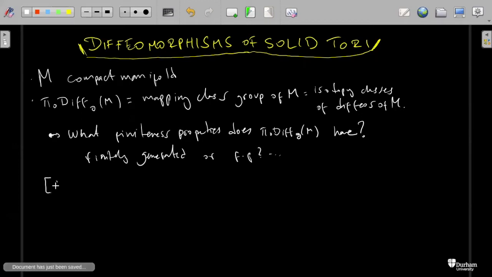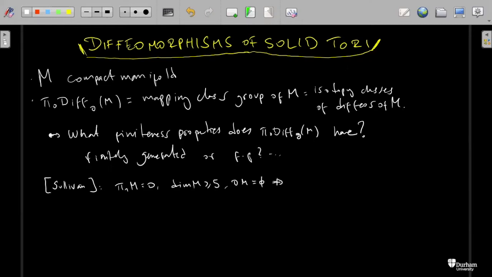So for example, Sullivan showed the following. So if this manifold is simply connected and is high dimensional, so the dimension is bigger or equal than 5, and its boundary is empty, then this mapping class group is finitely presented, for example.